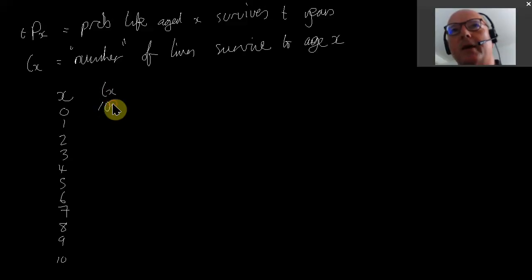So we hypothecate that there are 1,000 lives born on a given day in a town, for example, and then we hypothecate how many of those will survive if we just run that cohort of 1,000 lives. So it might be that there are 950 left at the end of the first year.